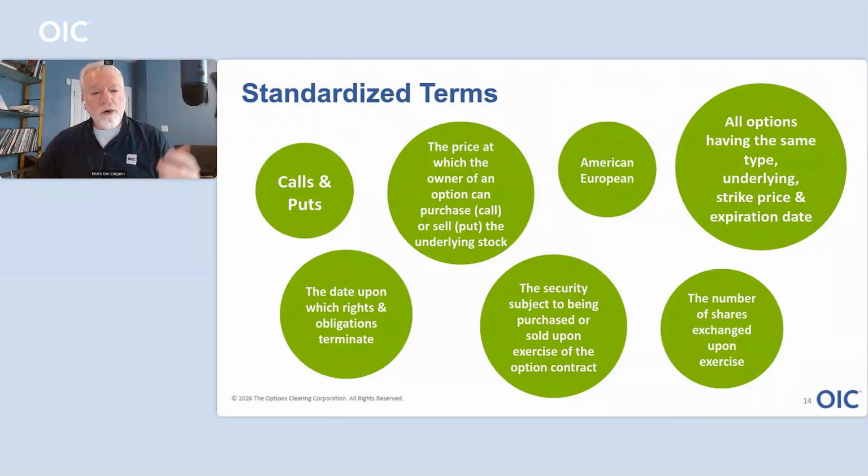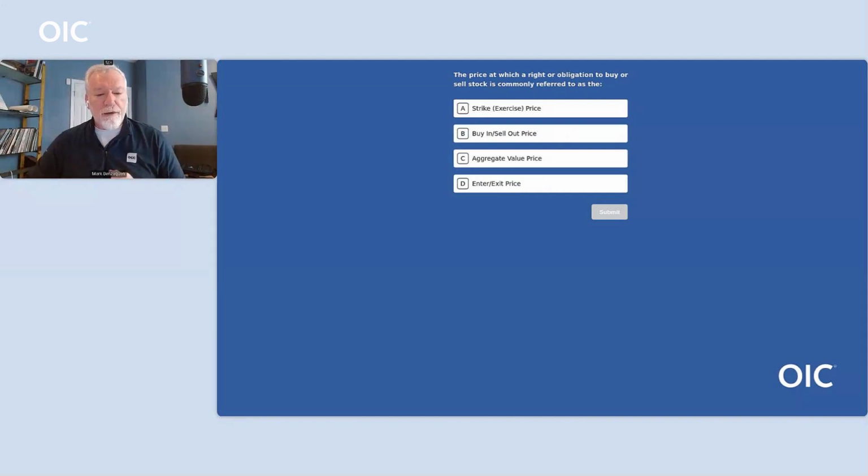Let's go ahead. Another polling question here. The price at which a right or obligation to buy or sell stock is commonly referred to as the what? The strike price, the buy-in, sell-out price, the aggregate value price, or the enter-exit price. We just talked about this.